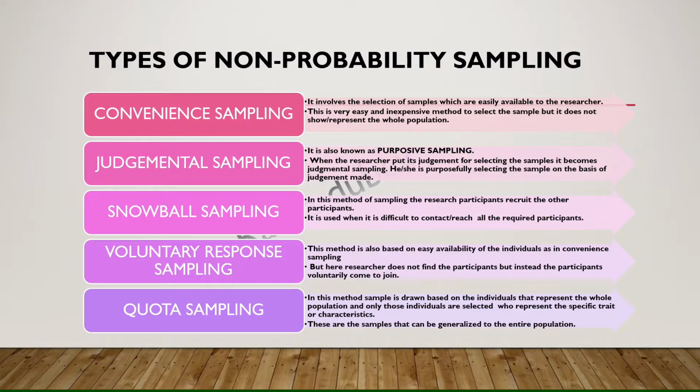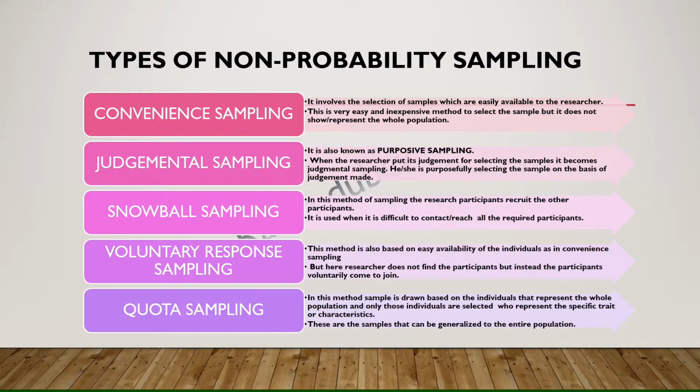Now, judgmental sampling. Its other name is purposive sampling. In judgmental sampling, what is happening? The researcher is putting his judgment in selecting the samples. That's why it becomes judgmental sampling.